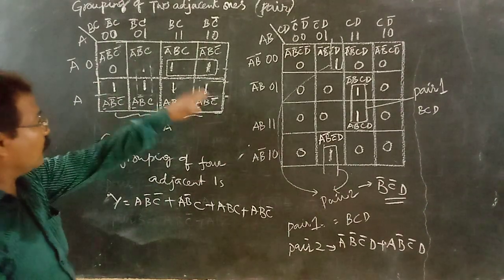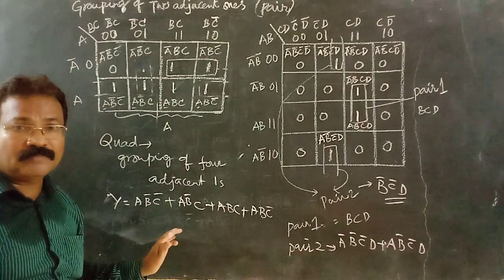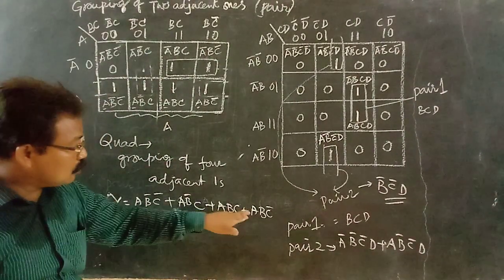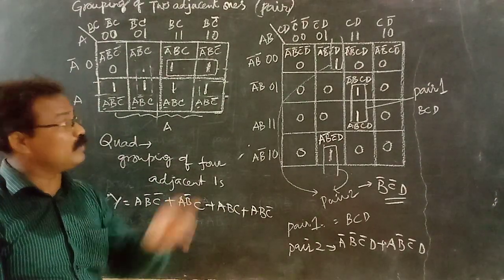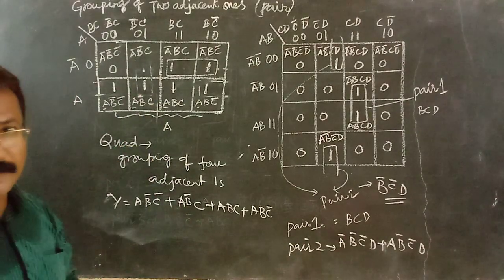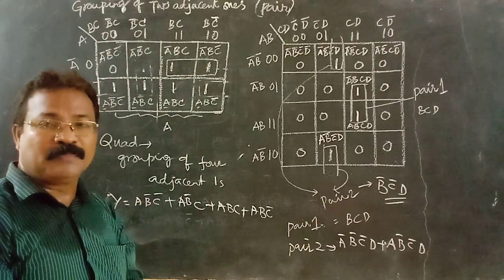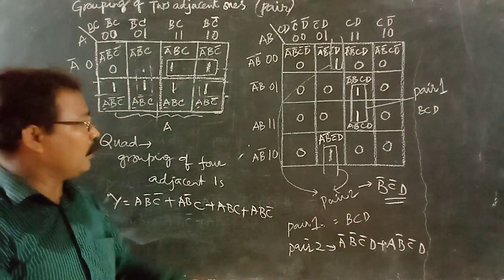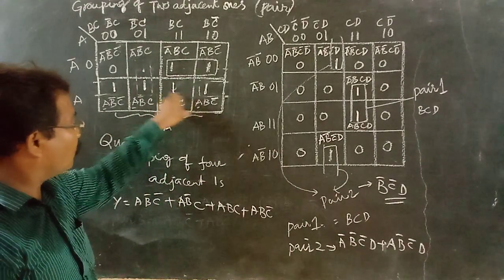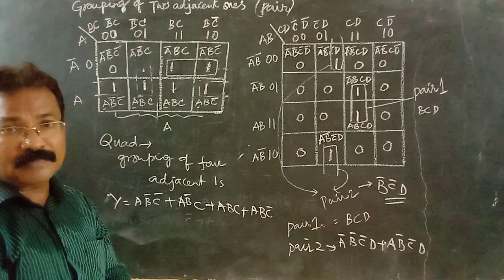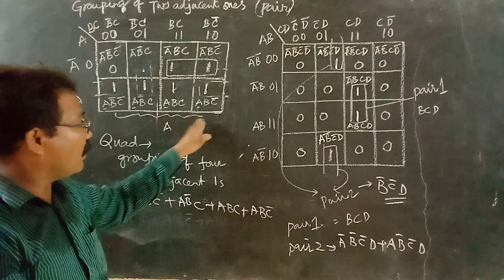To simplify this entire expression algebraically, we have to remember all the Boolean laws. That is the advantage of the K-map. Without remembering all the Boolean laws or postulates, we can directly write the simplified expression.